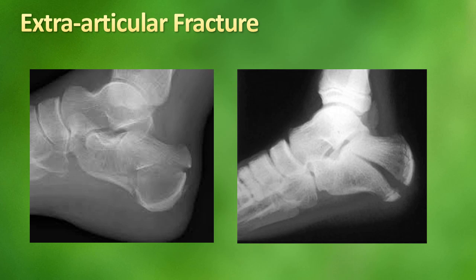Keeping in mind the significance of this joint, fracture of the calcaneum can be divided as extra-articular fractures or intra-articular fractures. Here in these radiographs, you can see the extra-articular fracture of the calcaneum. Here, the fracture is present only in the tuberosity part of the calcaneum, and the subtalar joint is completely spared. So, after healing of these fractures, there is little possibility that the subtalar movements will be affected.